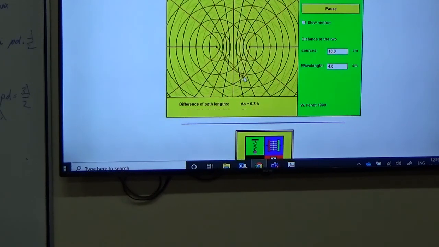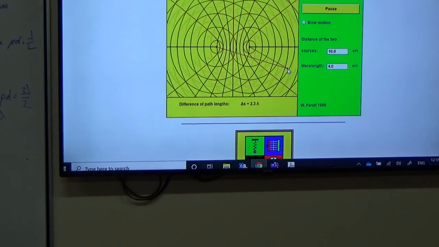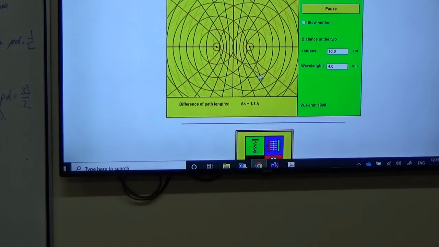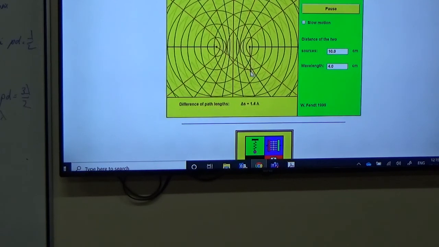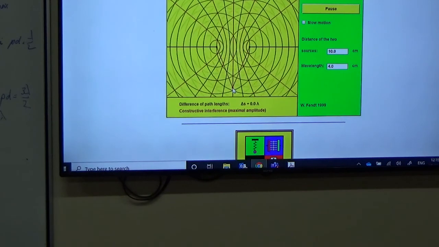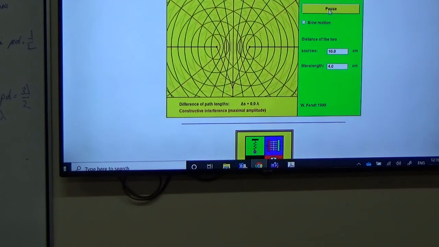But as soon as I move off there, the path difference is not 0. See the difference in path lengths there? Down the bottom, hopefully you can read that alright. And so if I move, well, let's just freeze it.